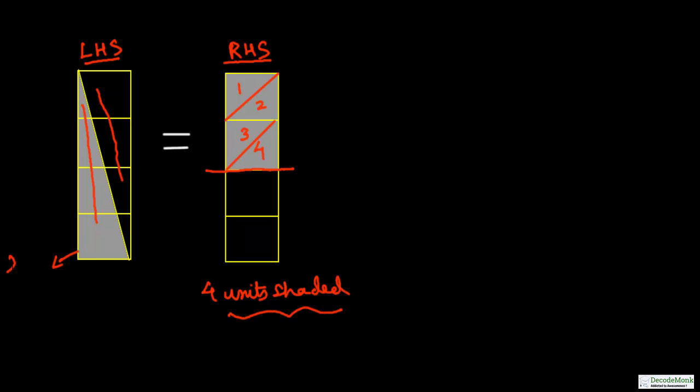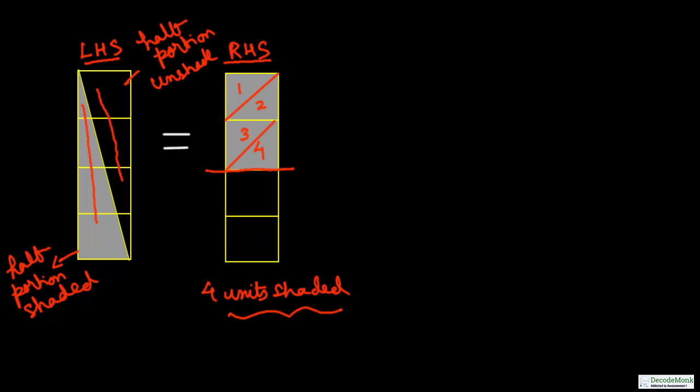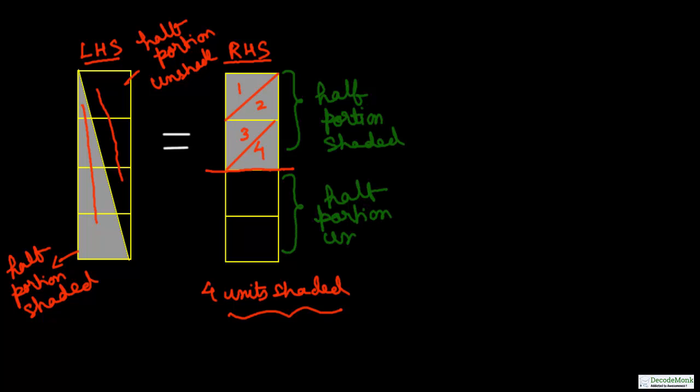So this is half portion shaded and this is half portion unshaded. This is equal to this half portion shaded and this half portion unshaded. These two are one and the same thing, and therefore we can say that half portion of 4 squares means 2 squares, and 2 squares means 4 units.